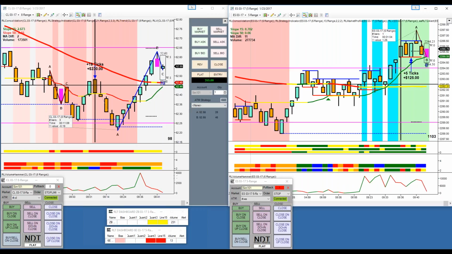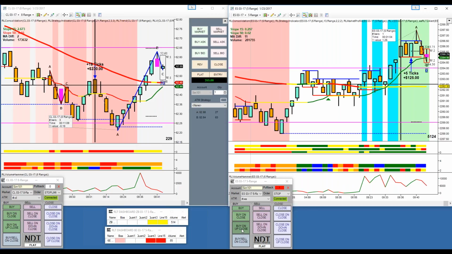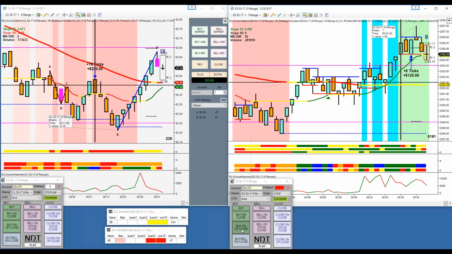Now watch the continuation trade on the E-mini. When you get triple quants on that trade to take a long. Let's watch the buying up close.